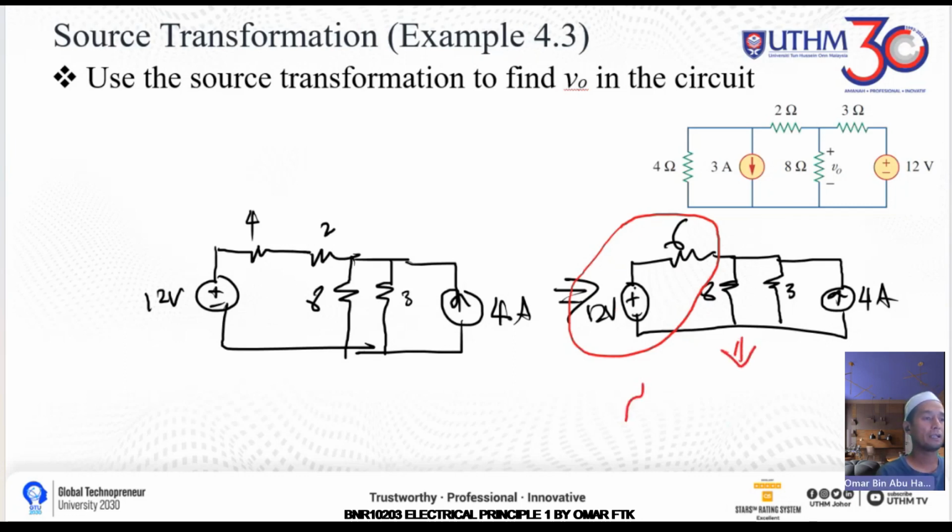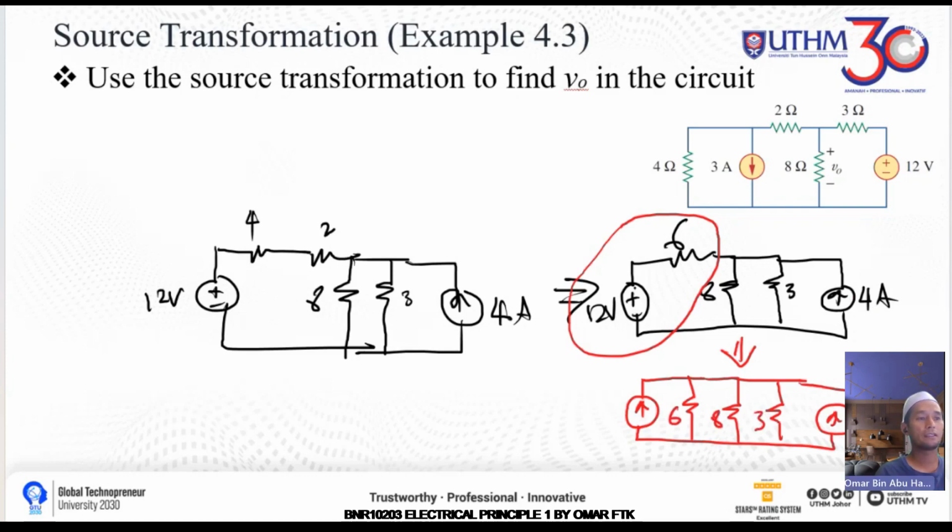We have a current source, and then the 6 ohm resistor will be here in parallel. Then you get the 8 ohm resistor, 3 ohm resistor, and then you will have a 4 ampere current source. And this one, this is 6, 8, and then 3.